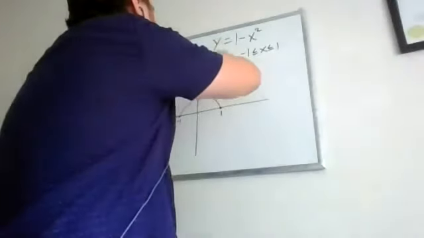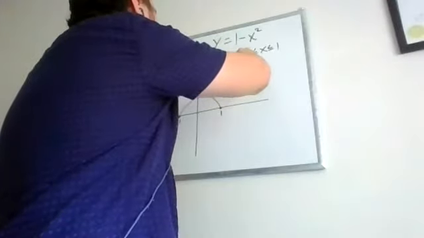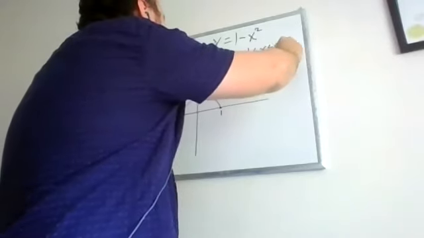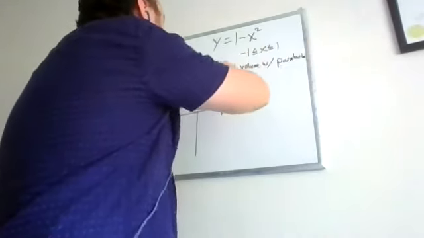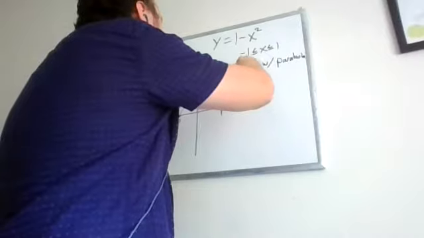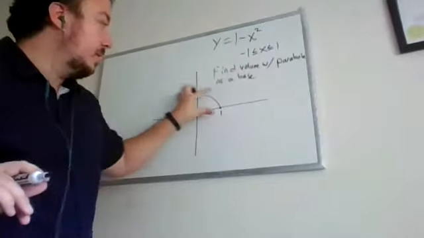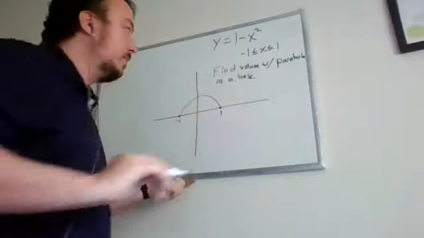What I want to do is find the volume with the parabola as a base. So that means that the bottom of whatever our 3D shape is going to be is this parabola right here.